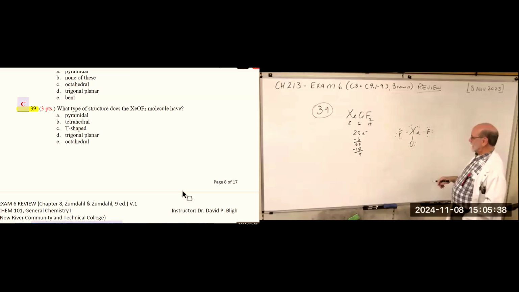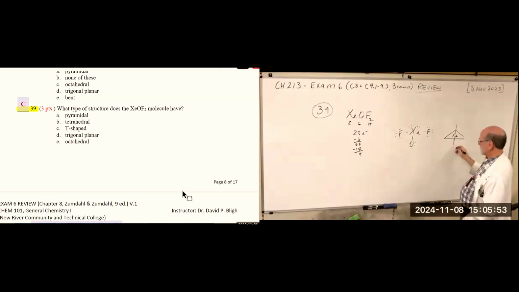Okay, so the electronic structure is 1, 2, 3, 4, 5, a trigonal bipyramid. Xenon in the middle. We'll put an oxygen down here.